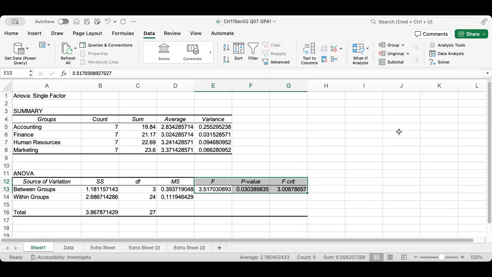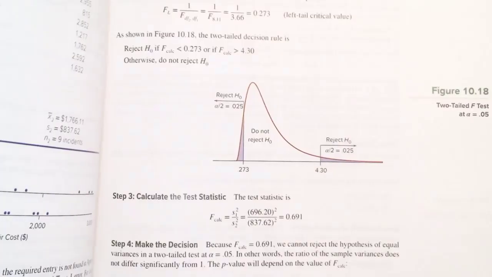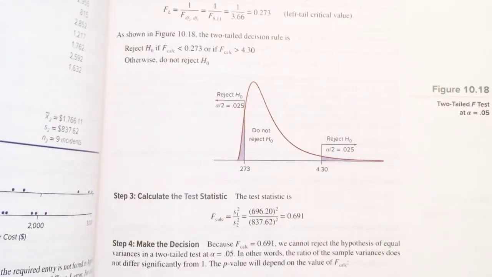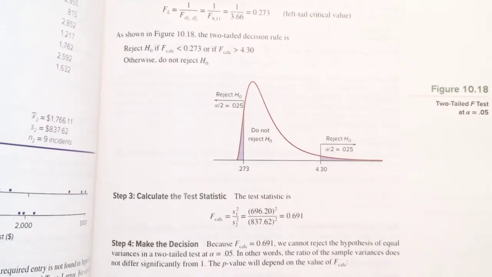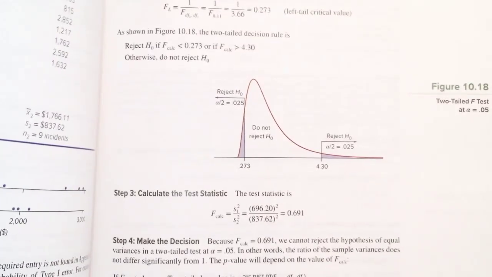When we did the F value for the variance test last chapter, in the homework you just gave me, it said there was an F left and an F right. We were doing all equal versus not equal. We should have two Fs, a lower and an upper. So why aren't we getting two Fs? Why are we only getting one?